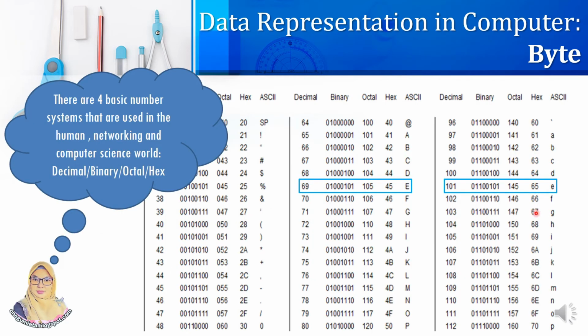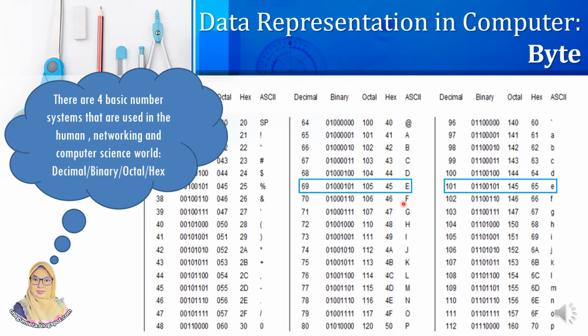Here is the conversion table that I mentioned before. If you want to see what is used to represent all the characters that we have on our keyboard, we have this conversion table.